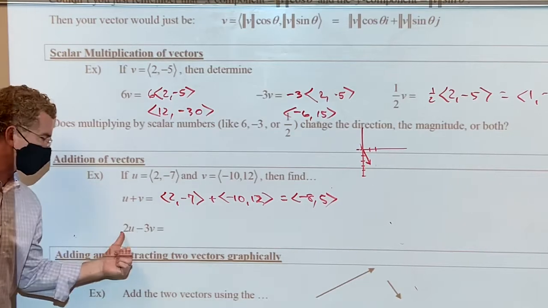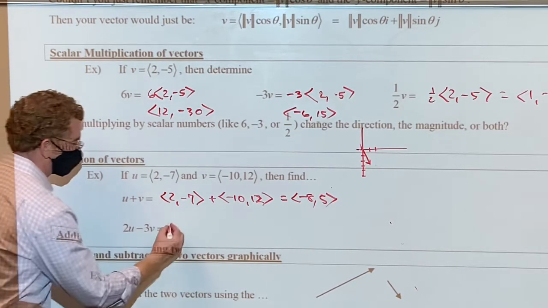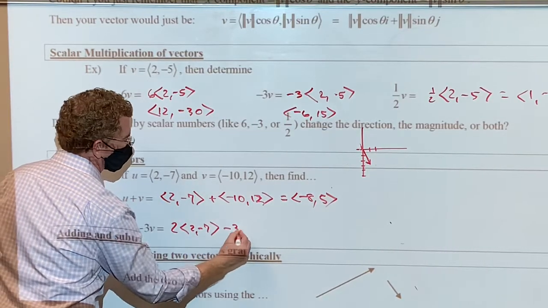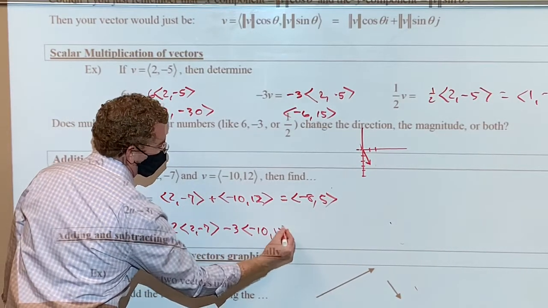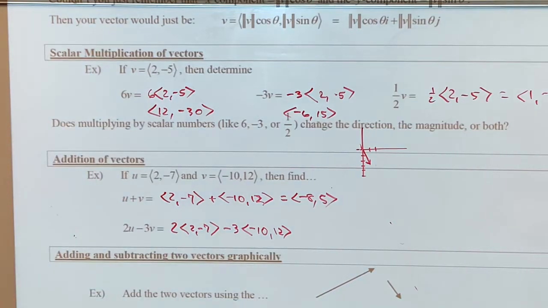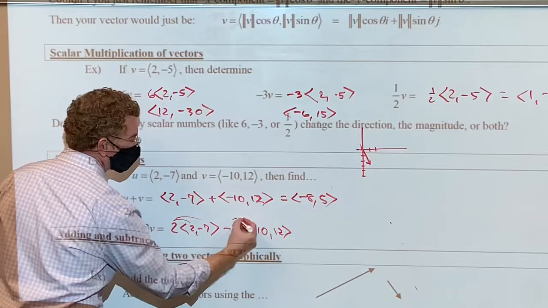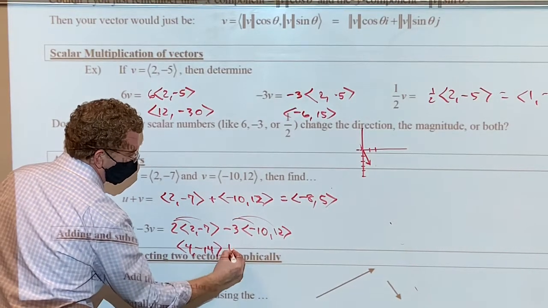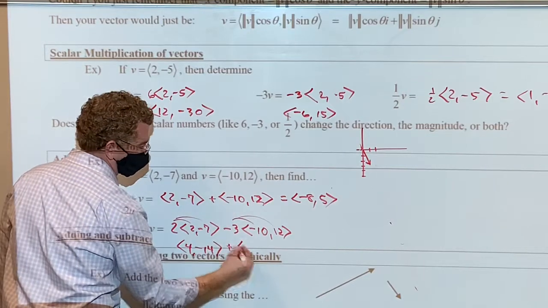And if I had a scalar in there as well, what do you think you're going to do to a 2 times this vector minus a 3 times that vector? Take a wild guess. Multiply it in first. So 4, negative 14. And if I multiply the negative 3, I'm just going to replace it with a plus sign.